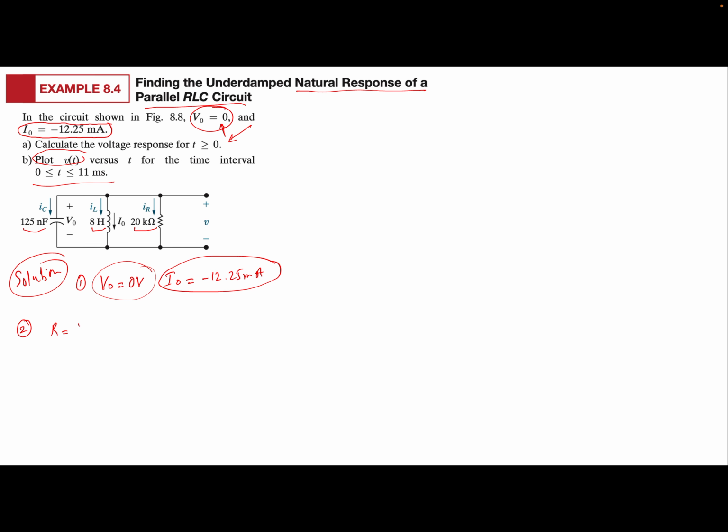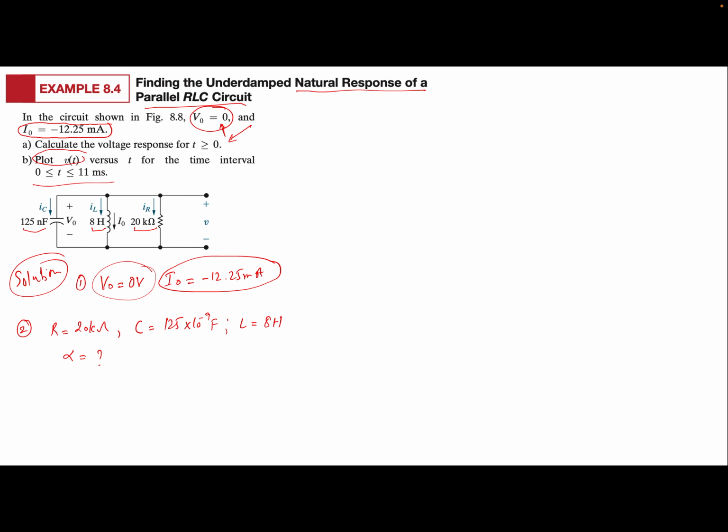We know R is 20 kiloohms, capacitance is 125 nanofarads, and inductance is 8 Henry. Okay, so let's find the value of alpha. Alpha is equal to 1 over 2RC, 1 over 2 times 20 kilo times 125 times 10 to the minus 9.